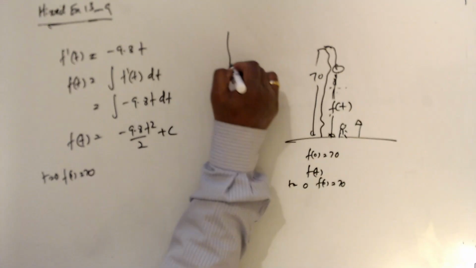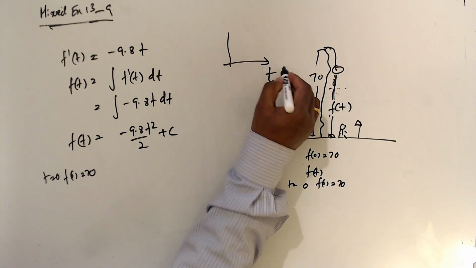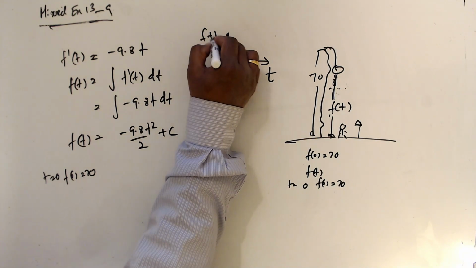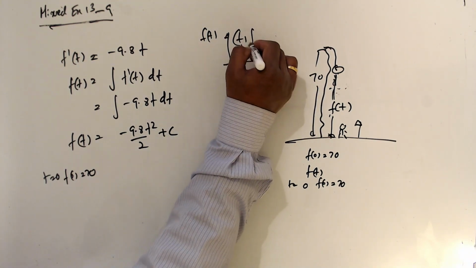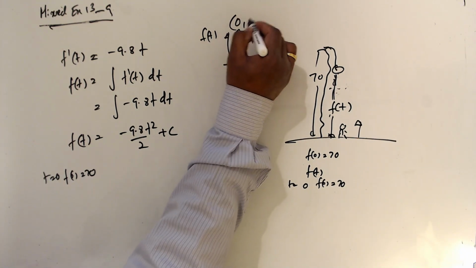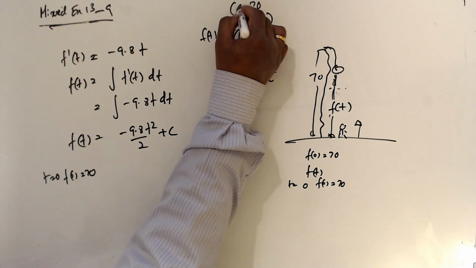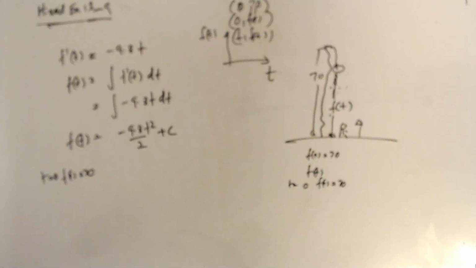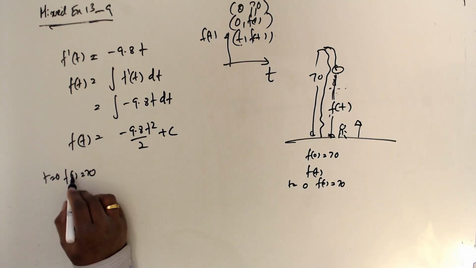Basically this is a graph, this is t and this is f(t). So the coordinate has t on the independent axis and f(t) on the dependent axis. When t equals 0, f(0) is 70. So this is the point (0, 70).